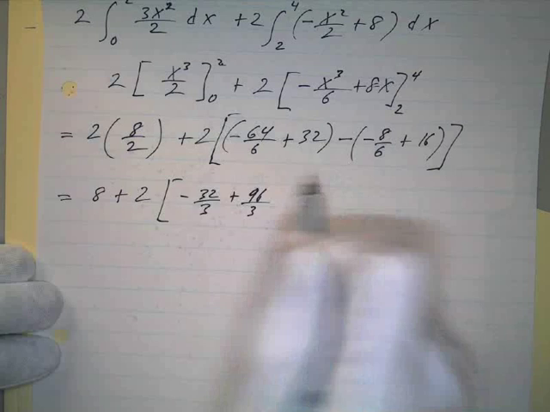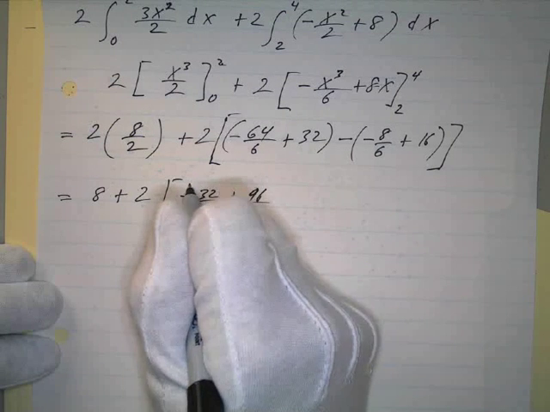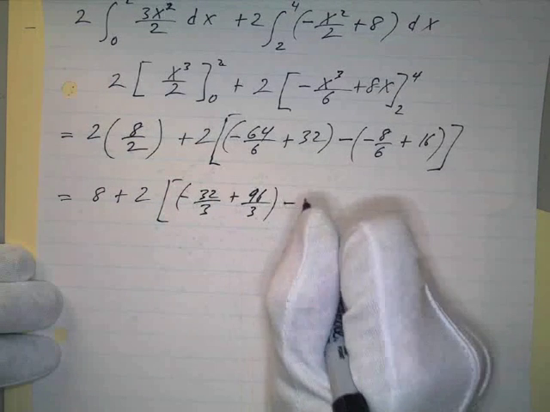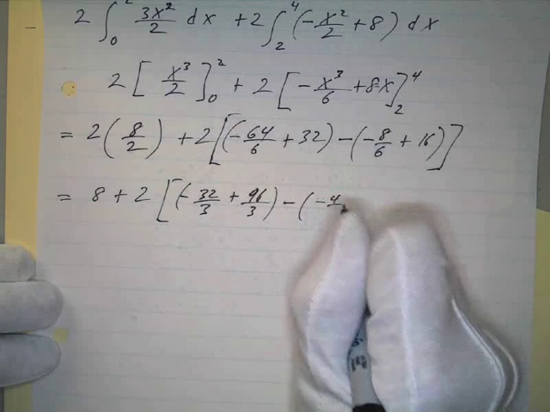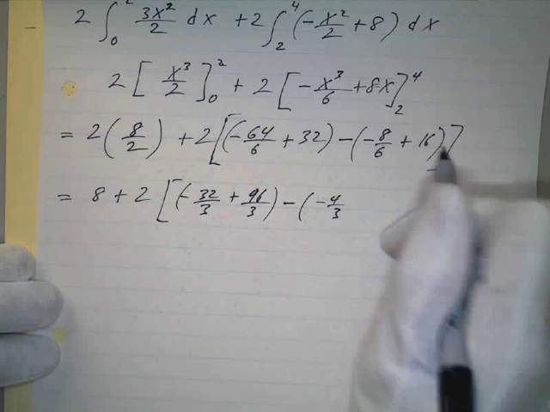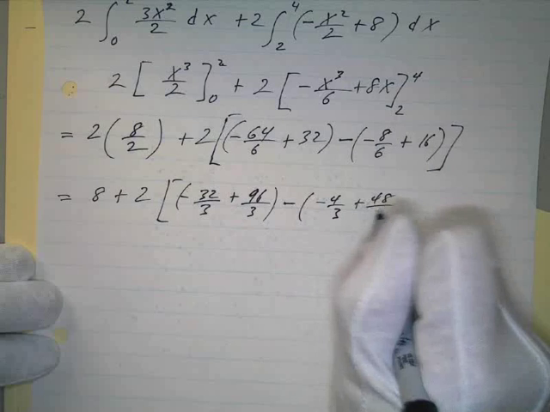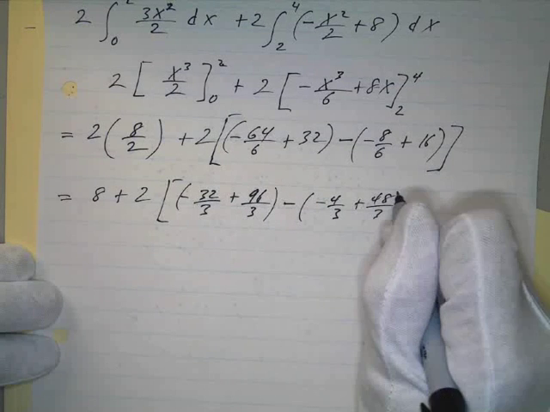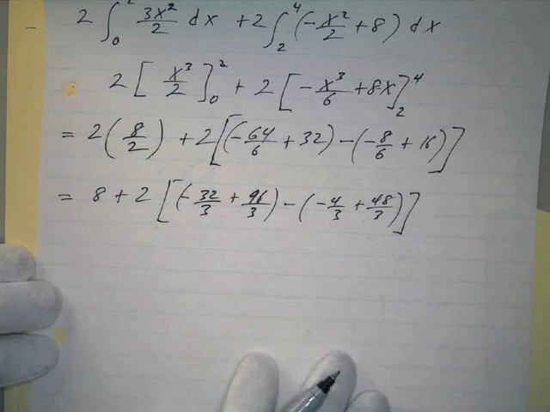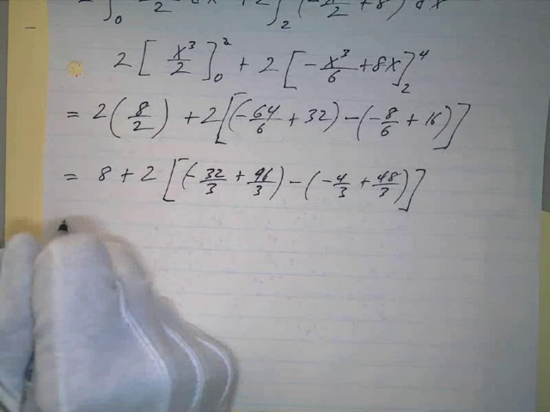All right. And minus, and that's going to be negative 4 over 3, and this will be plus 48 over 3. You guys all just love to do these fractions. Okay, and that's going to equal 8.